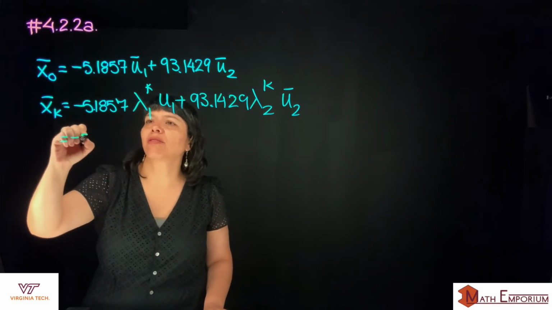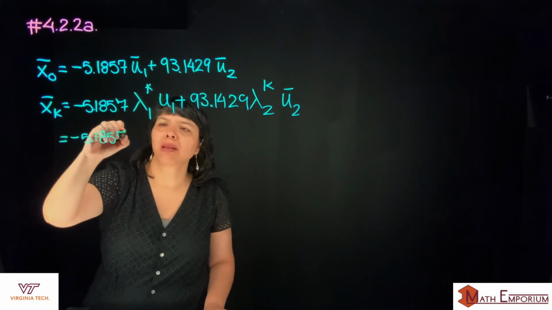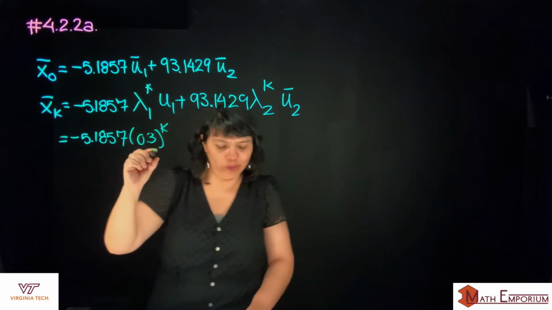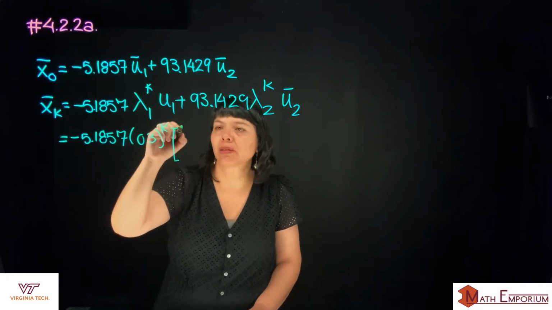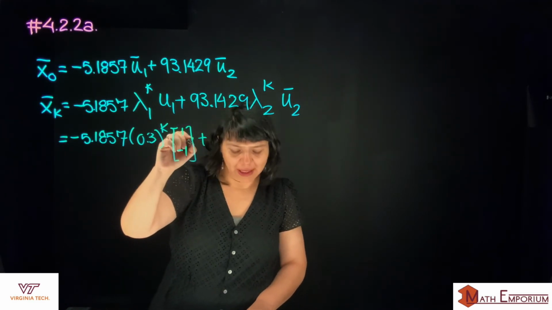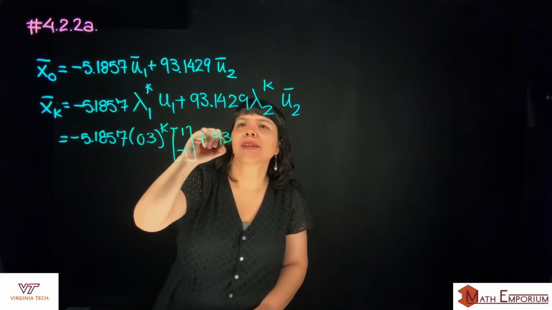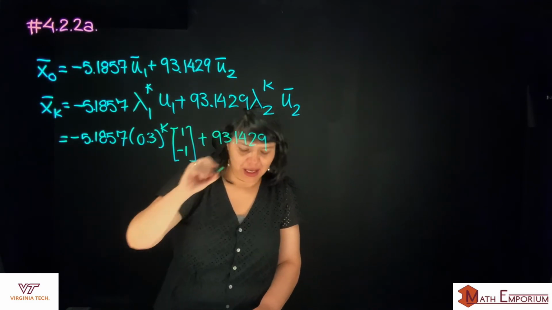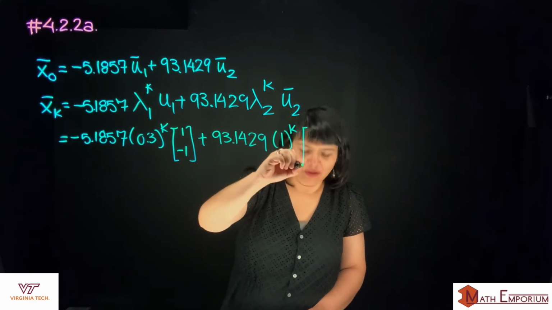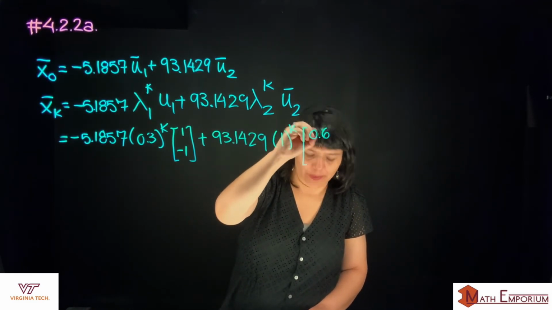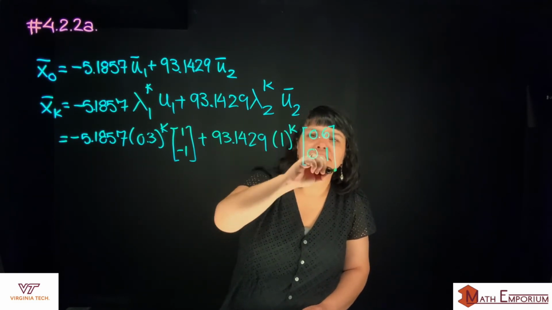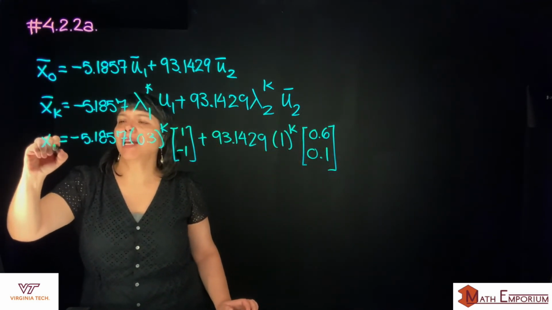So this is negative 5.1857 times 0.3 to the k times the vector 1, negative 1, plus 93.1429 times 1 to the k times the vector 0.6, 0.1. So this is my xk.